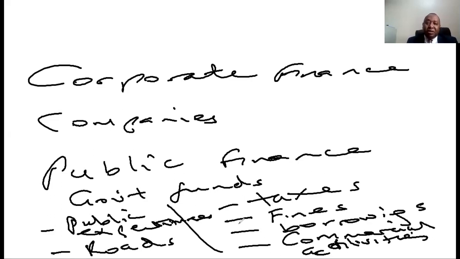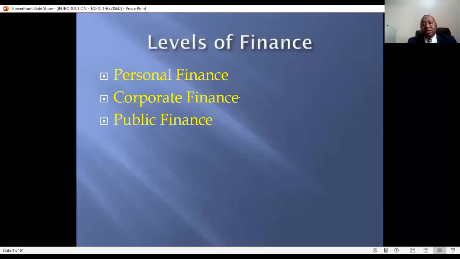So the government must balance the sources with the uses of funds, and that is what we refer to as public finance in this case. So these are the three types of finance. I've said that we are going to look at corporate finance. This is what we shall be concerned with in this case.